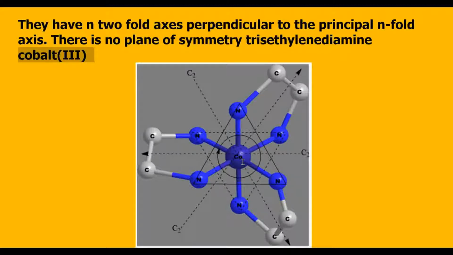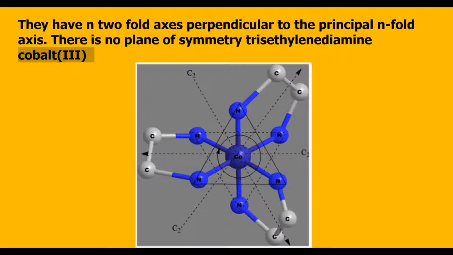Now, in addition to this C3 axis, you will find 3 C2 axes which are perpendicular to the principal axis. These are as shown in the figure. C2, then the other C2, and the third C2. Each of these axes is passing through the central cobalt atom and between the two carbon atoms of the ethylene.